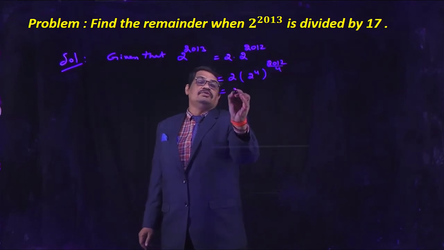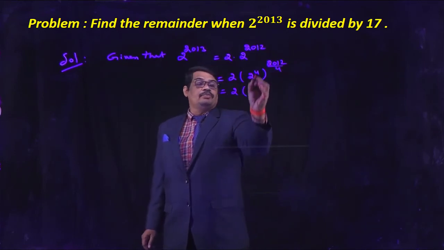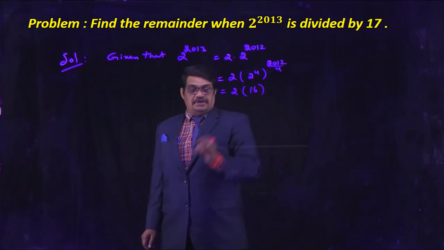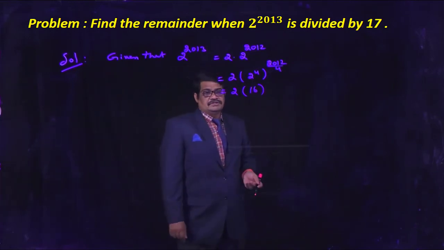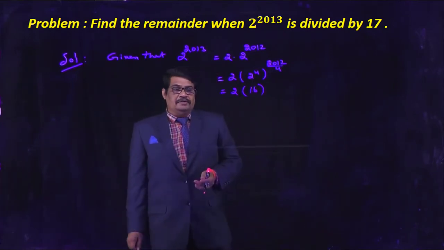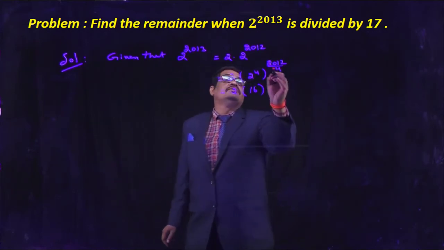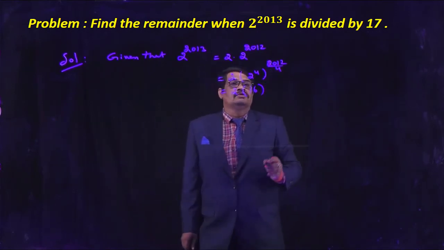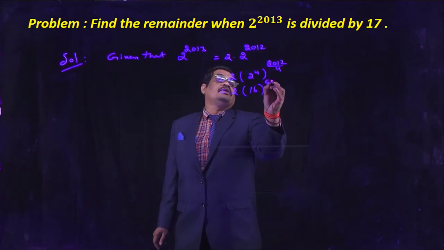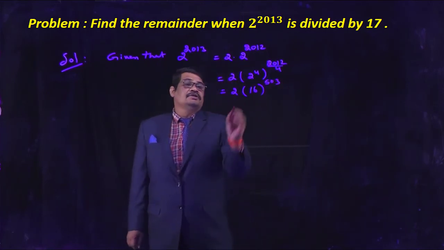That is equal to 2 into 2 to the power of 4, which is 16, raised to the power 2012 by 4. What is 2012 by 4? That is 503.